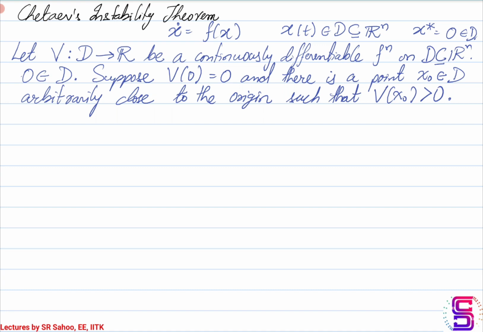It's not exactly on the origin but arbitrarily close to the origin, and the value that V takes at this particular point x0 is a positive value. Okay, that much we are seeing about function V as of now.